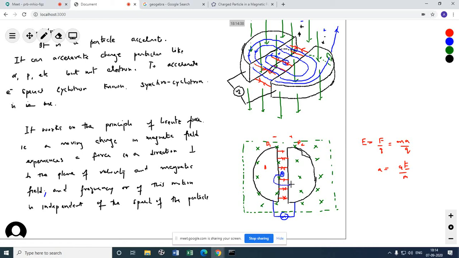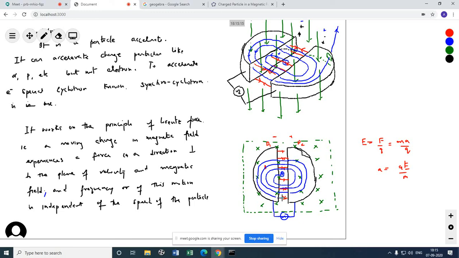At a certain point, the particle comes out. There will be one tunnel through which it will go. Particle accelerator. This is the principle.